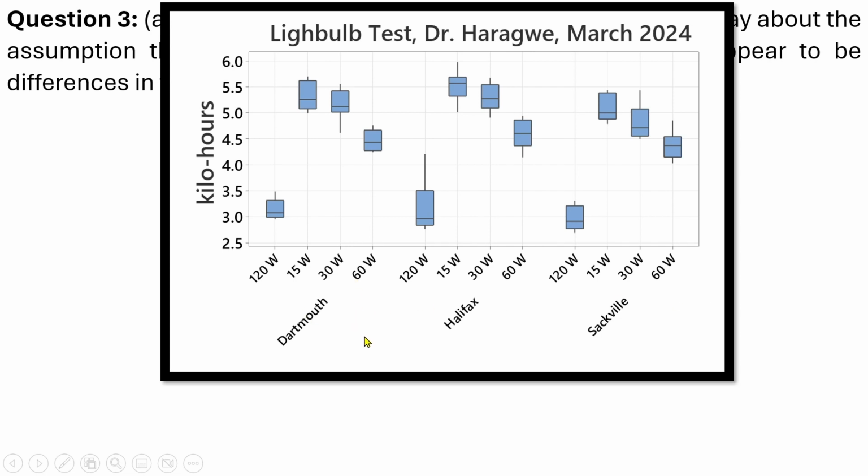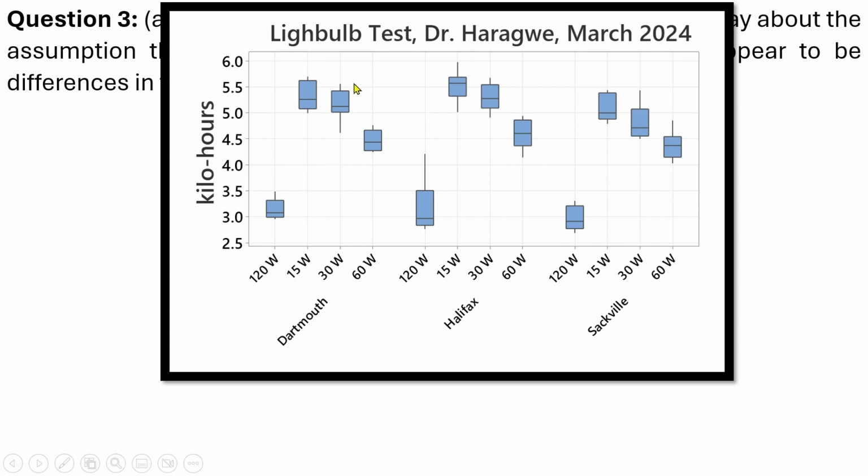Down on the bottom, we have our two predictor variables, location and power level. Clearly, looking at this data, we can see that there are differences in central tendency. In terms of spread, we could also say that the spread of each of these samples is approximately the same.